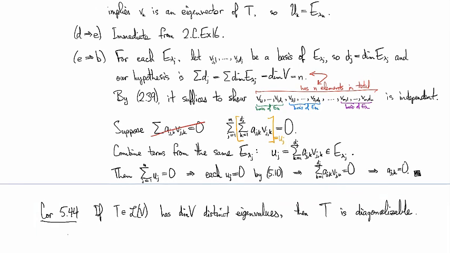There's not really a need for a proof for this. This is trivial. This is just 541 in the special case when m is equal to n.